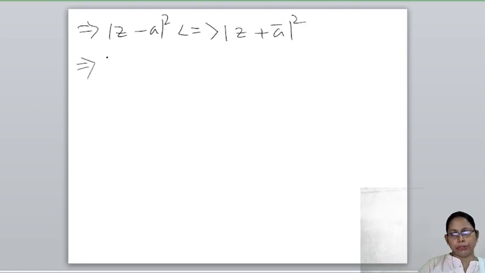Again, using the property of modulus, that is |z|² equals z times z conjugate.